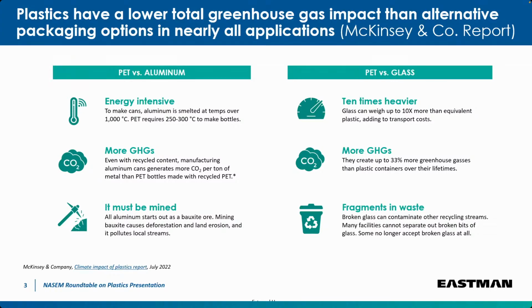You also have particular challenges with mining for bauxite on the aluminum side. And on the glass side, you also have pretty big challenges on the recycling side with breakage and fragmentation of the glass. Suffice to say, there's not a perfect material out there.